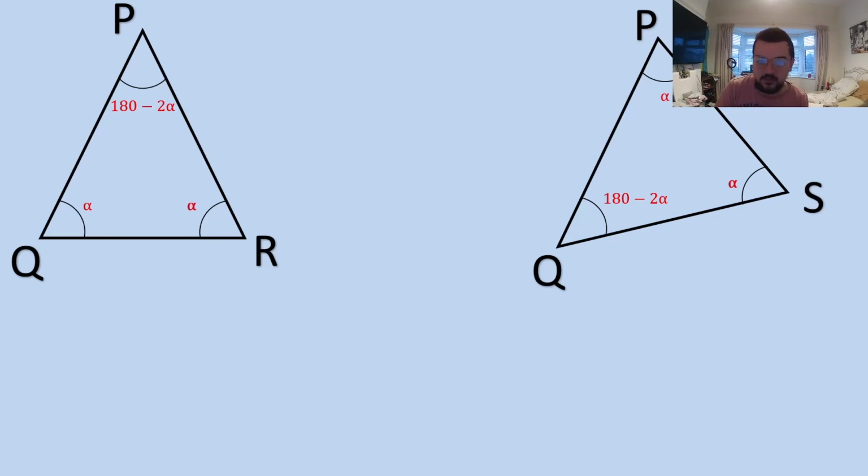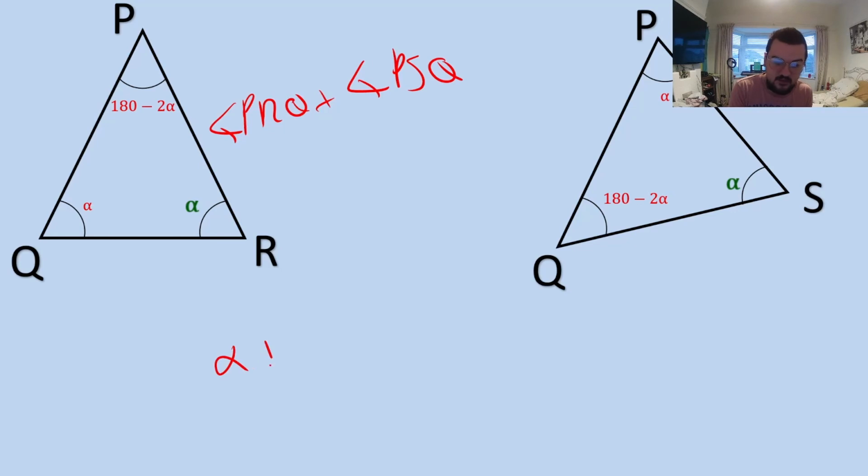So what we can do at this point, and this little animation is basically saying, right, these are the 2 angles that we're actually looking to find. We're looking to find PRQ, and we're looking to find PSQ. So in this version, we're looking to find alpha plus alpha, which is just 2 alpha.